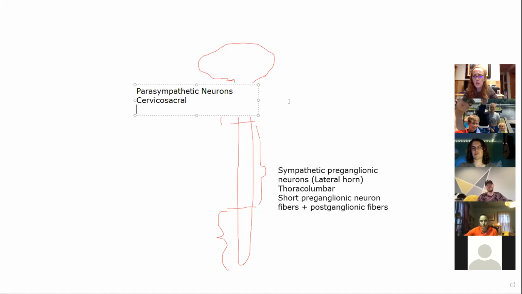And they have long preganglionic neurons, plus short postganglionic neurons.